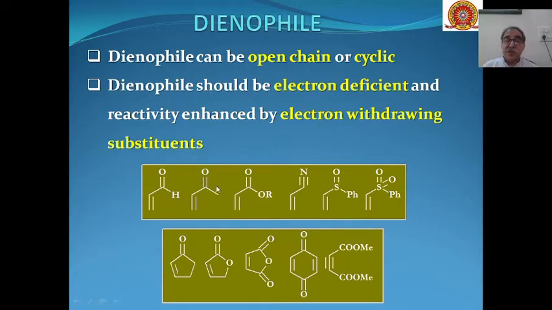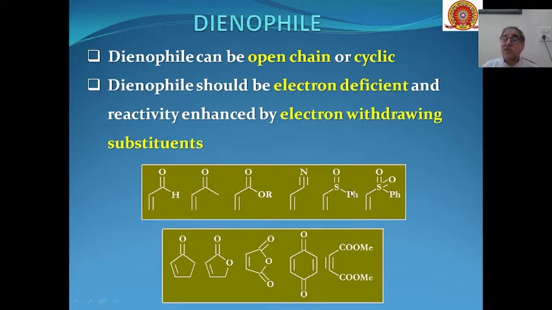Similarly, this carbonyl group will enhance the reactivity of the dienophile. This ester group, because it is an electron withdrawing group, will also enhance the reactivity of the dienophile. Cyano group, electron withdrawing. This sulfur based functional group will also enhance the reactivity.